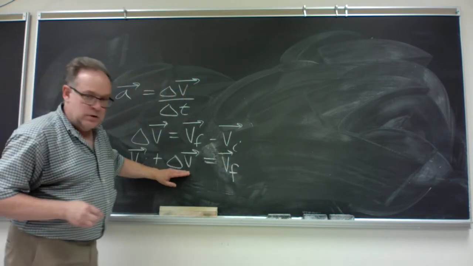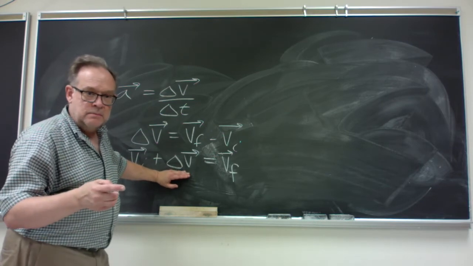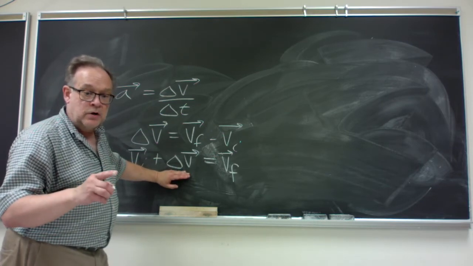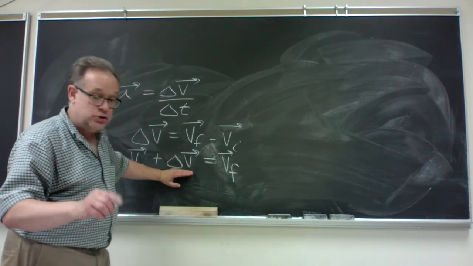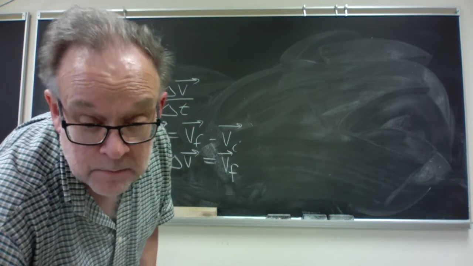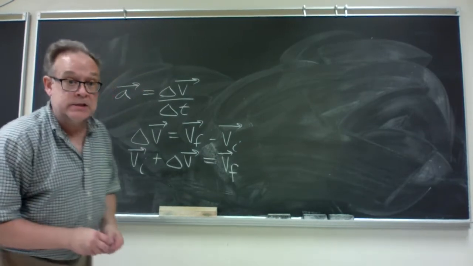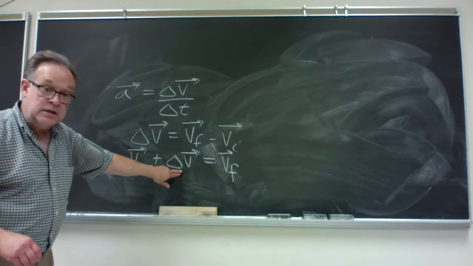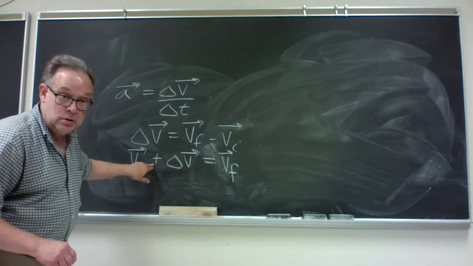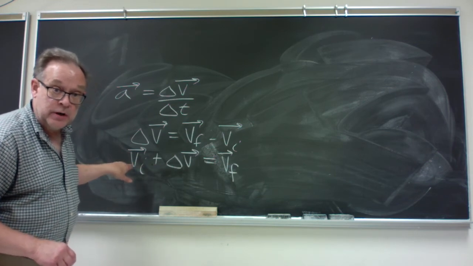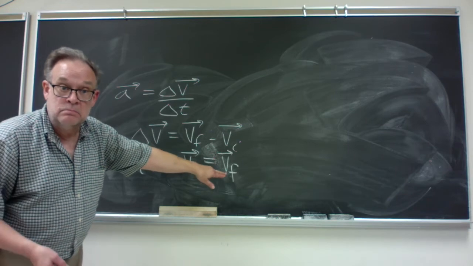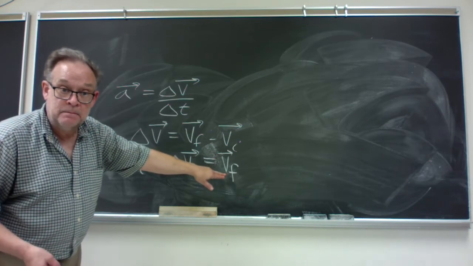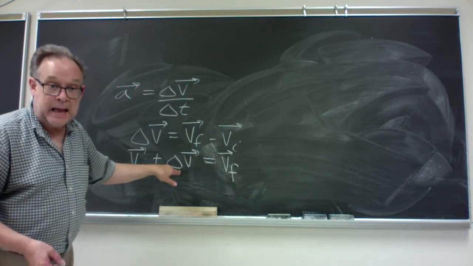So in other words, change in velocity should be thought of as the velocity that you add to whatever velocity you started with in order to get a different velocity at some later point in time. The extra velocity added on.